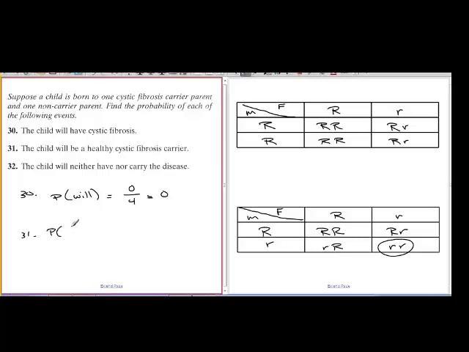The probability of being a carrier, healthy but carrier, is when you have one dominant gene and one recessive gene. You see there are 2 cases where they are healthy but have the recessive gene, so it's 1/2. And healthy means they're not a carrier.